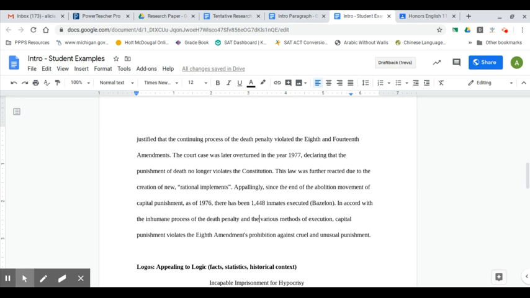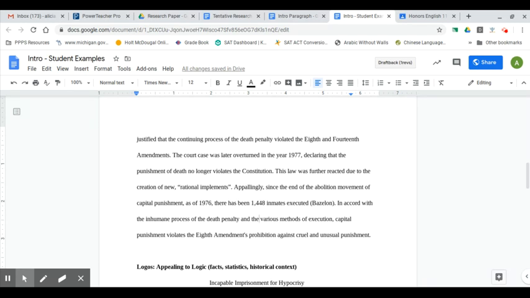So this introduction starts with pathos, gives you a personal story of a man that was wrongly convicted, put on death row, and only because of a volunteer service was he granted justice. It then transitions to some logos, some information about the Supreme Court cases and the amendments that she is then going to argue the death penalty goes against.